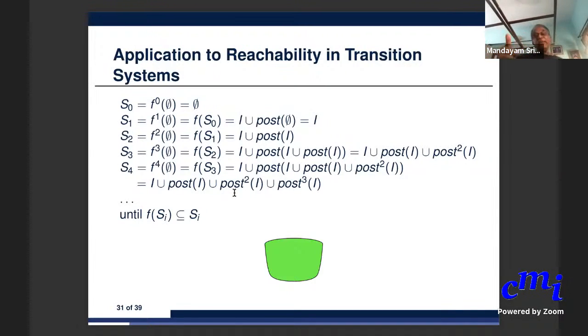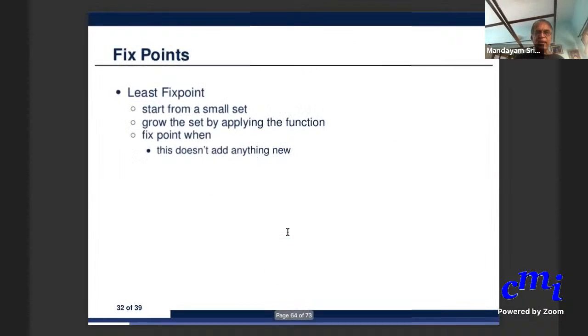If one iteration of the loop body can be captured by a transition relation, then the set of all states that you can reach by executing the loop zero or more times can be characterized as the fixed point of this collecting higher order function that I have just now defined. So that's the relationship.